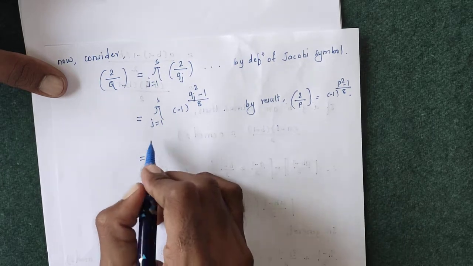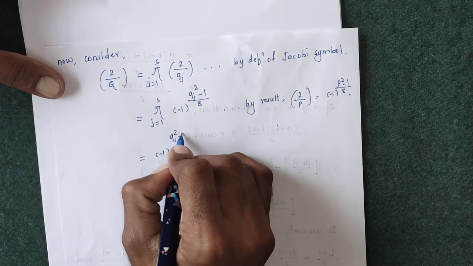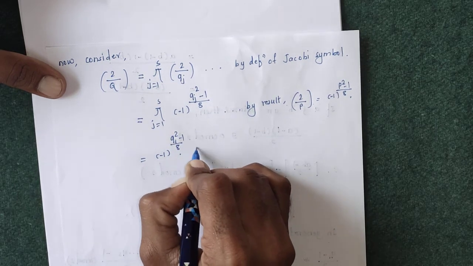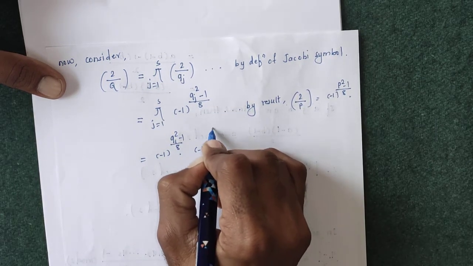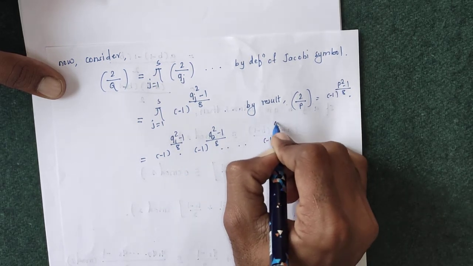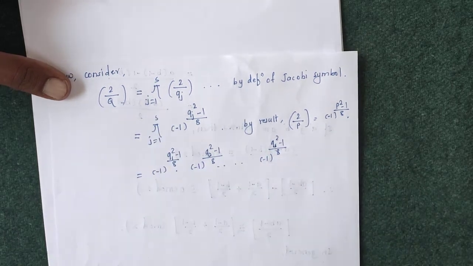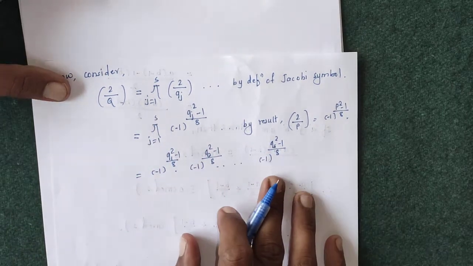So, I can run the product from 1 to s and get minus 1 to the power q1 square minus 1 by 8, into minus 1 to the power q2 square minus 1 by 8, up to minus 1 to the power qs square minus 1 by 8. Just running this product from 1 to s, you will get this.